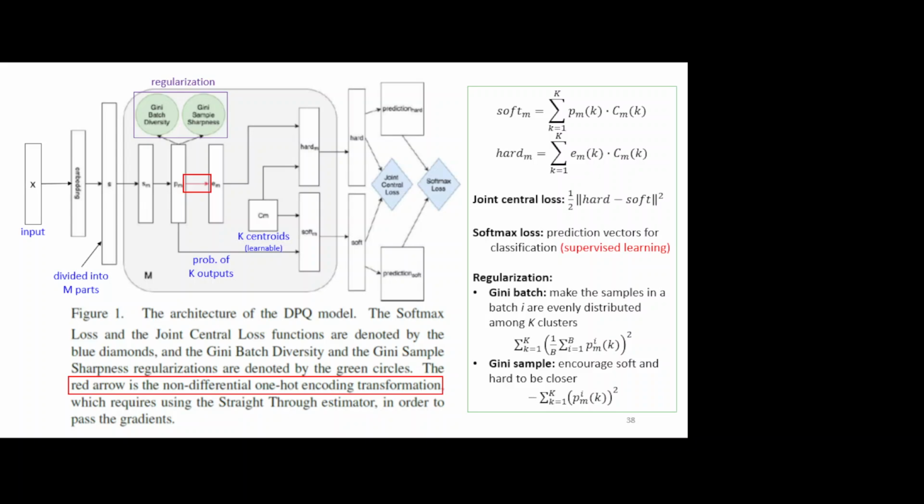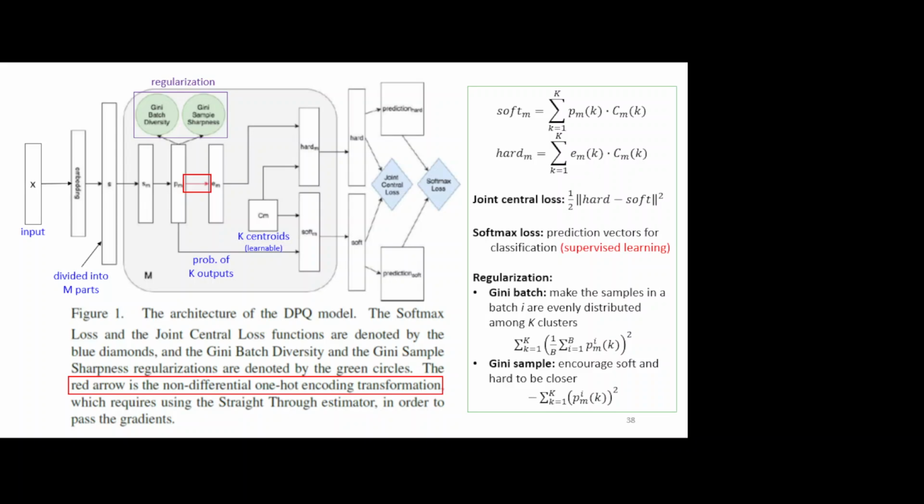If your distribution is even among these clusters, the loss will be very low. If they are concentrated in one cluster, it will be very high.